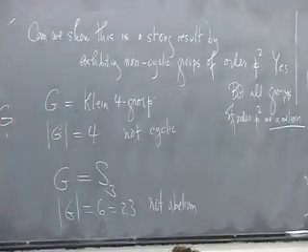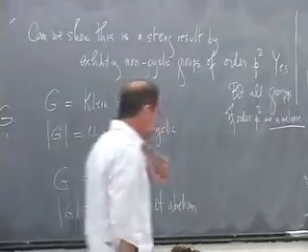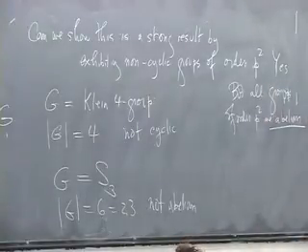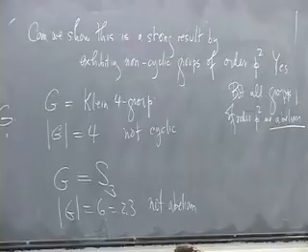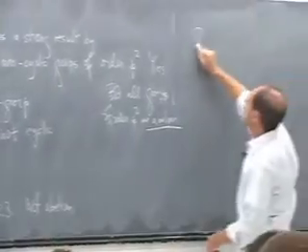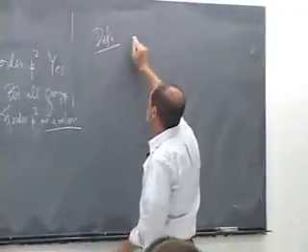And one result that Brauer led the charge on, although he wasn't the one that proved it, but he was the one that suggested it, is the following amazing result. Here's a good definition for you, a very important definition in 20th century group theory.